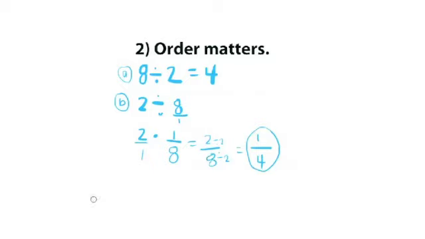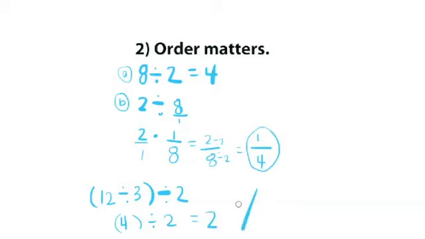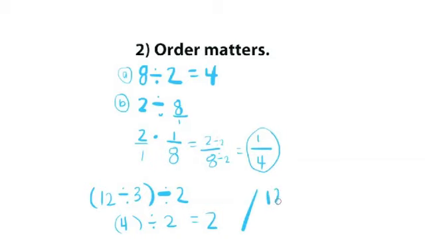One more thing I want to show you is if I had something that looked like this. This shows you that order of operations has to happen. 12 divided by 3 is 4. 4 divided by 2 is 2. As opposed to 12 divided by 3 divided by 2.